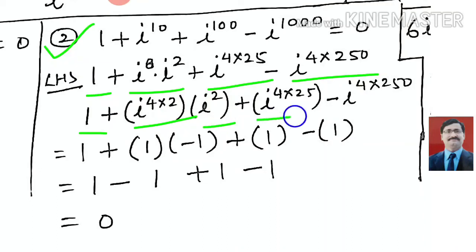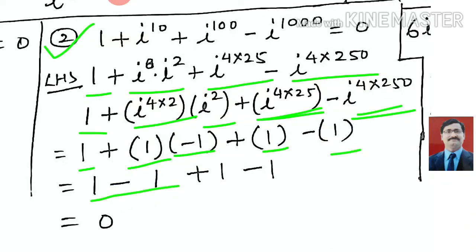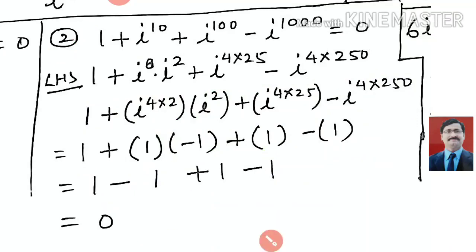Iota power 2 stays as it is. Now if the power is a multiple of 4, the value is 1. So iota power 2 is minus 1, and the others are 1. Now you have 1 minus 1, 1 minus 1, so the answer is 0.